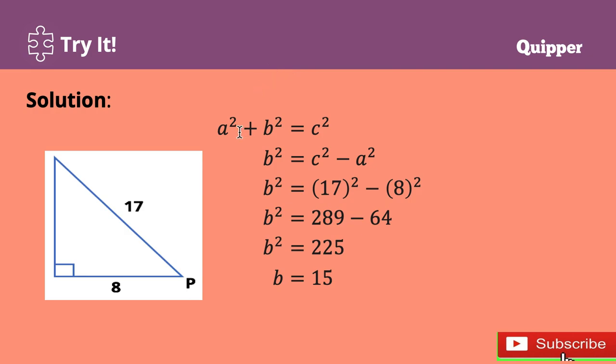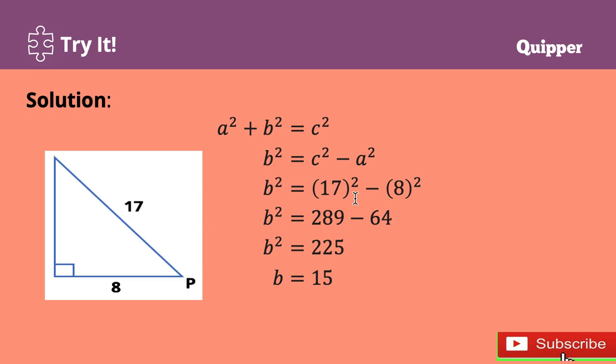This is the formula of the Pythagorean theorem: a squared plus b squared is equal to c squared. Since we are looking for one of the legs, we will be using this formula: b squared is equal to c squared minus a squared. Our c is the hypotenuse or the longest side, that is 17.